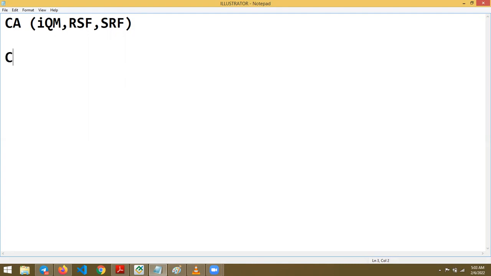So now, as I said, CA is what we call counter attack, right? Counter attack. So now we use counter attack in cases where one, we have a hit stop loss.